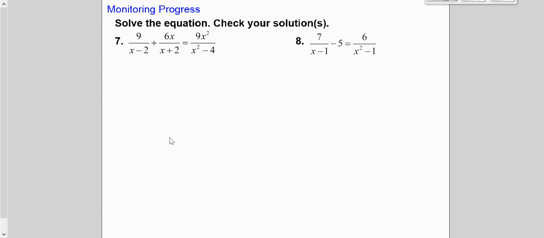I'm going to multiply everything by the LCD to eliminate my fractions as quickly as possible. Pause your video here. I am pausing mine right now, and then I'll start recording again when I have my answers written out.